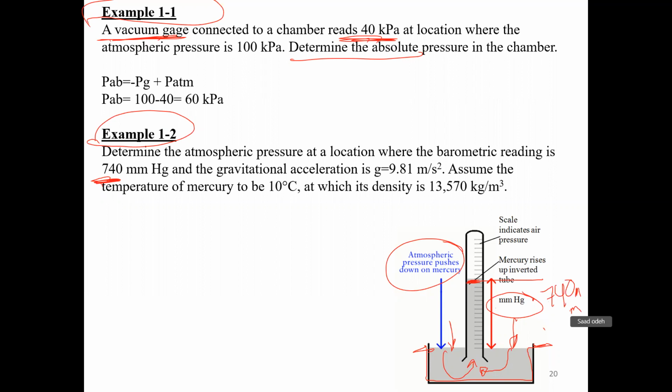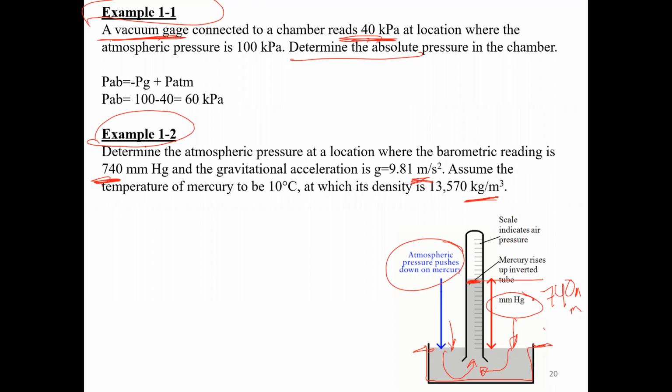millimeter. And you can see the units here, some of them in millimeter, some of them in meter, the gravity in meter, and density in meter also. So we need to make homogeneity in units, as we mentioned before. So either you change the smallest to the highest, or the highest to the smaller unit.